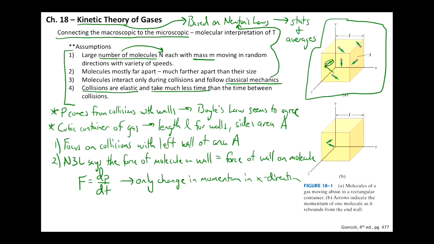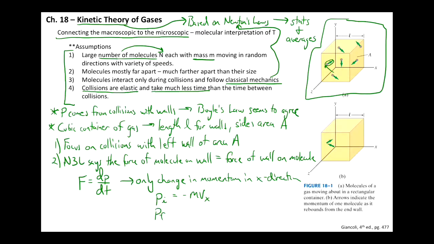So we could write something like this. The initial momentum of that molecule, if it's bouncing off the left wall, means it has a negative velocity. So we could write that as minus m times velocity in the x direction. And when it bounces off, if it's an elastic collision, it's going to have the same velocity in the x direction coming out.